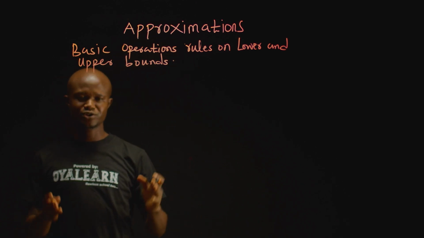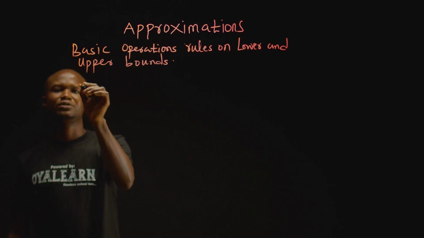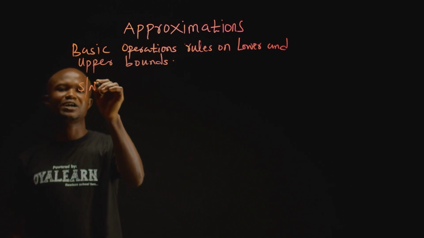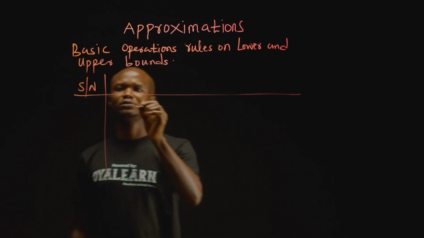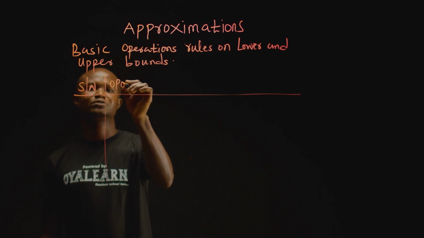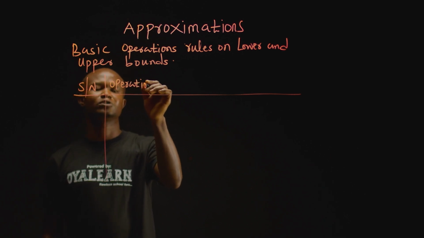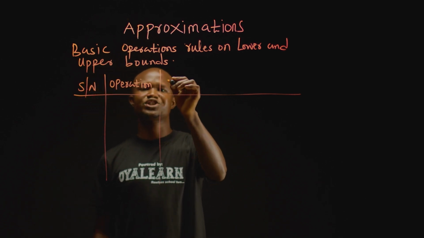Now, we are going to use a table to describe the rules. The first column, serial number. The next one, we have the operation. Then mathematical expression.